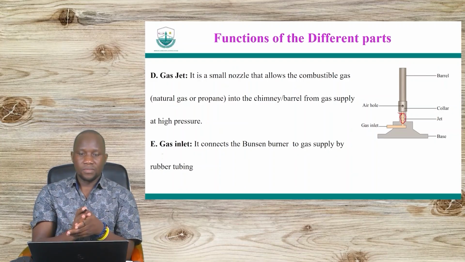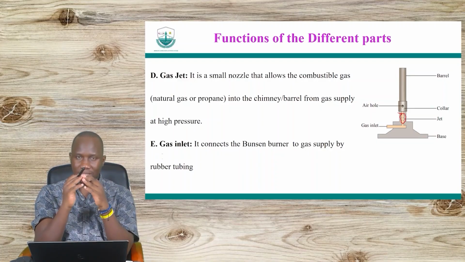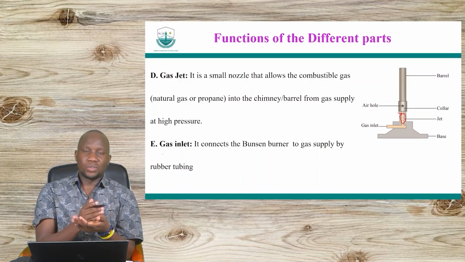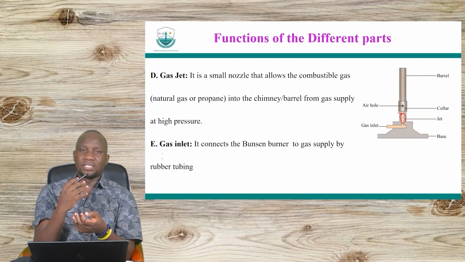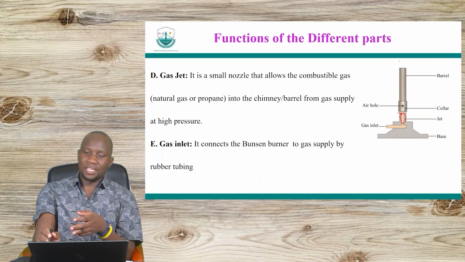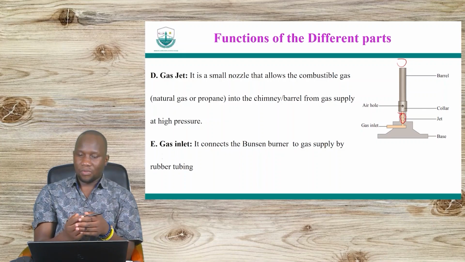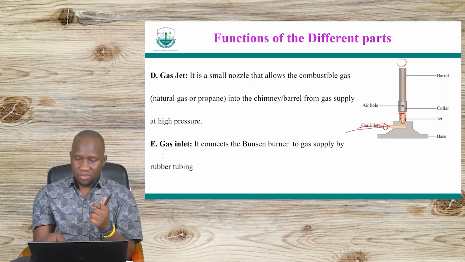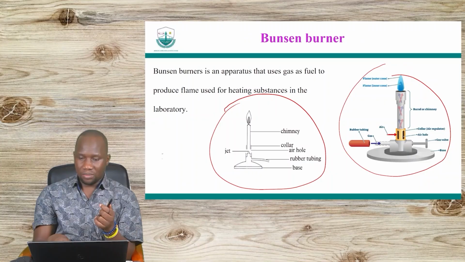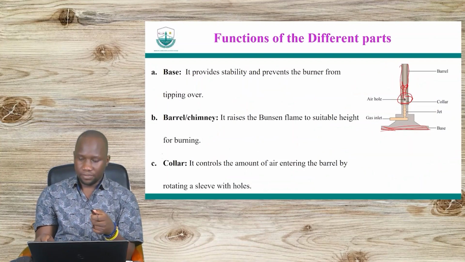It allows the gas, which can be propane or natural gas, to go into the barrel, and then for you to be able to light it here. And then we have a gas inlet. The gas inlet here is connected to a rubber tubing. Let's see on our diagram, yes, this rubber tubing here is connected to this gas inlet.